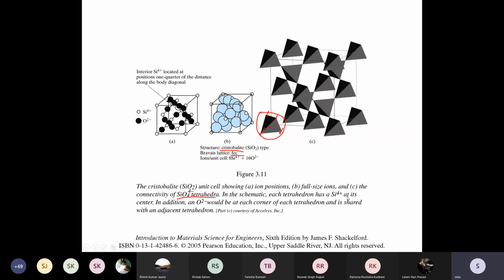So silicon 4 plus, oxygen 2 minus. So each tetrahedron has a silicon 4 plus at its center and oxygen 2 minus at 4 corners. And each such tetrahedron is assigned to 8 corners and 6 face-centered positions. Am I clear to you?